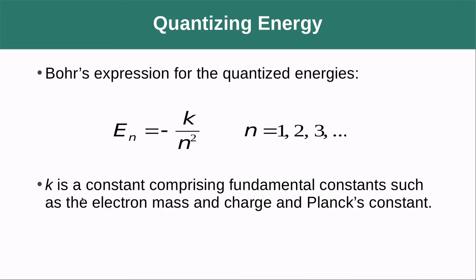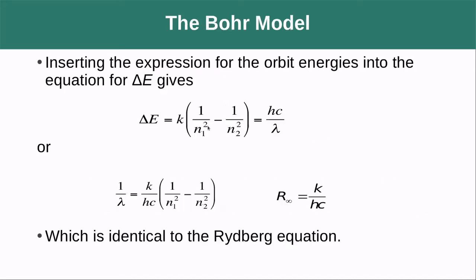They're always going to be negative in this scenario. And then instead of just saying, well, the K value is this, he started to develop an idea of where this K value was coming from. So he had some basic fundamental constants such as the electron's mass, its charge, Planck's constant. These all comprise K. So he gave us some idea where that K value was coming from, as opposed to Rydberg or Balmer.